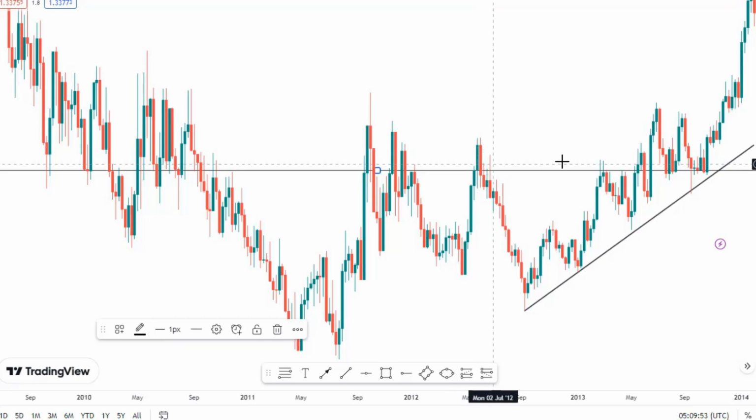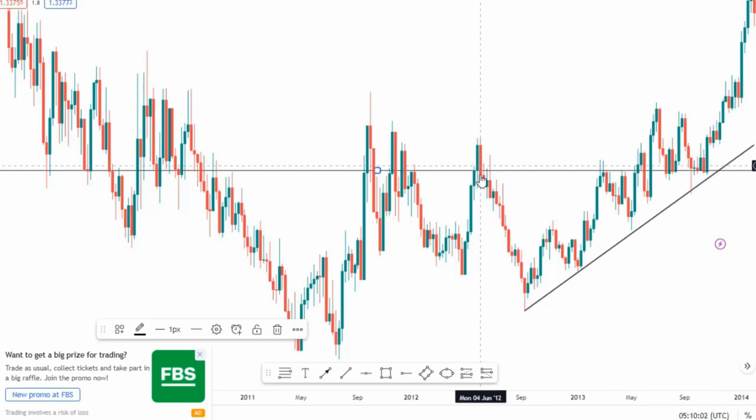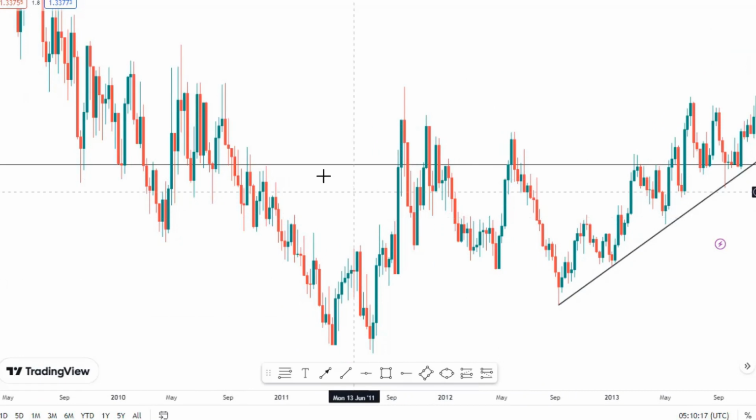It's not really perfect, but the reason I dropped this is I can see a lot of moves happened here, and a lot of things also happened here, and here. Even when I look to my left, I can see there are some pushbacks here and some resistance here. Those are the things that you need to take into cognizance.